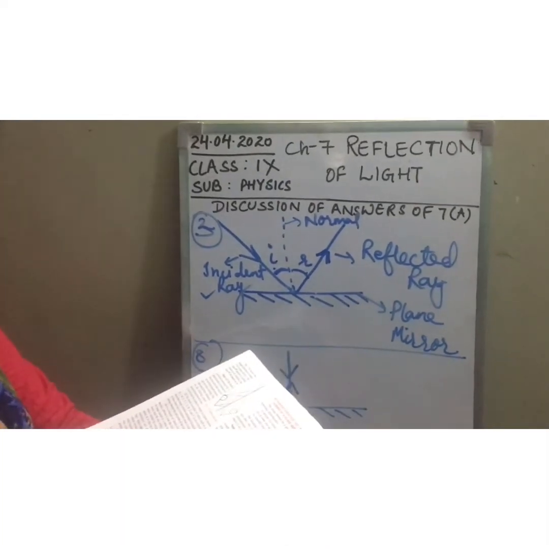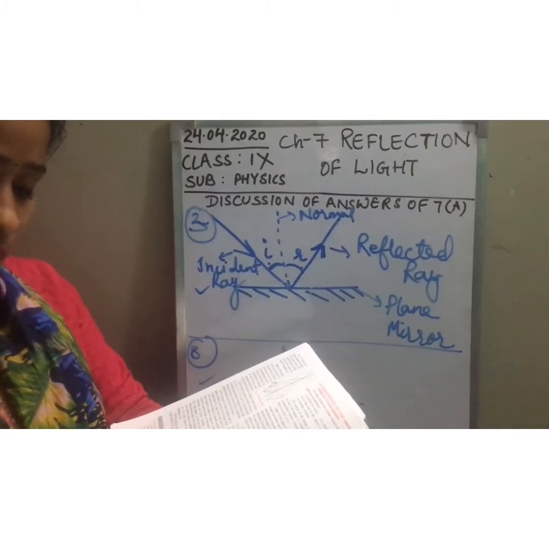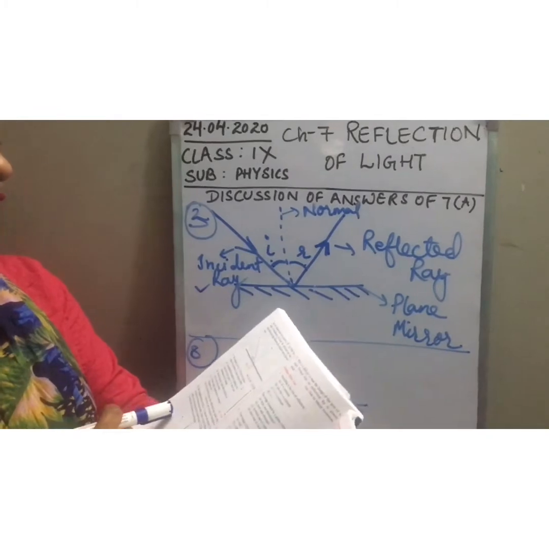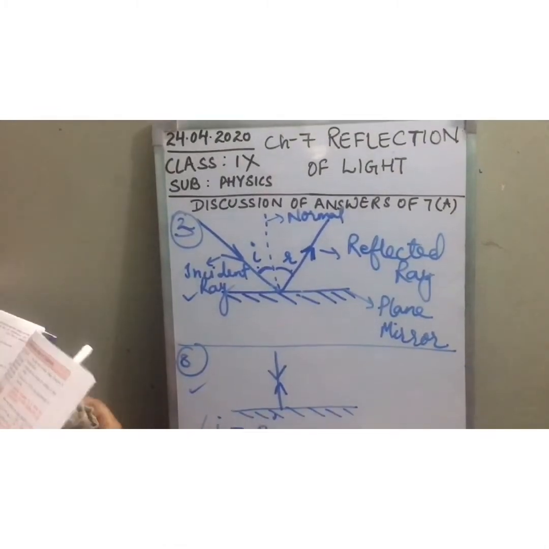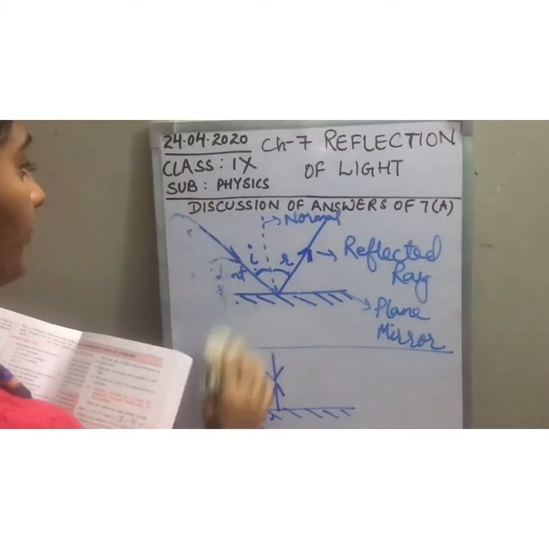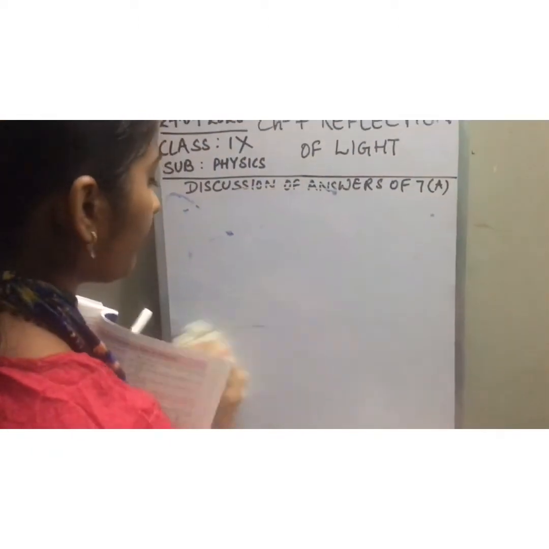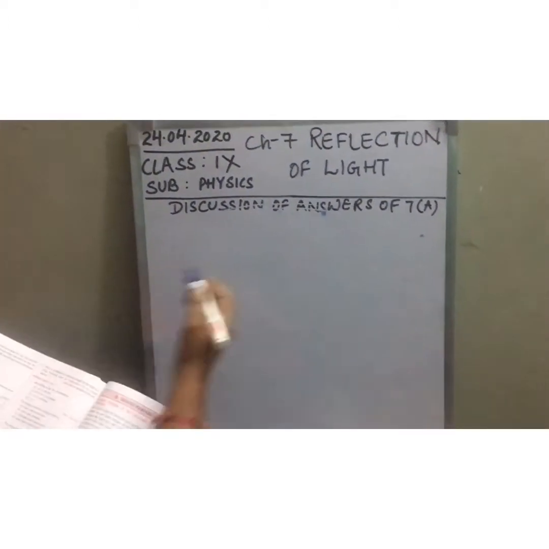Question number 10. Figure 7.15 shows an incident ray AO and the normal ON on a plane mirror. The angle which the incident ray AO makes with the mirror is 30 degrees. See students, this is the diagram.